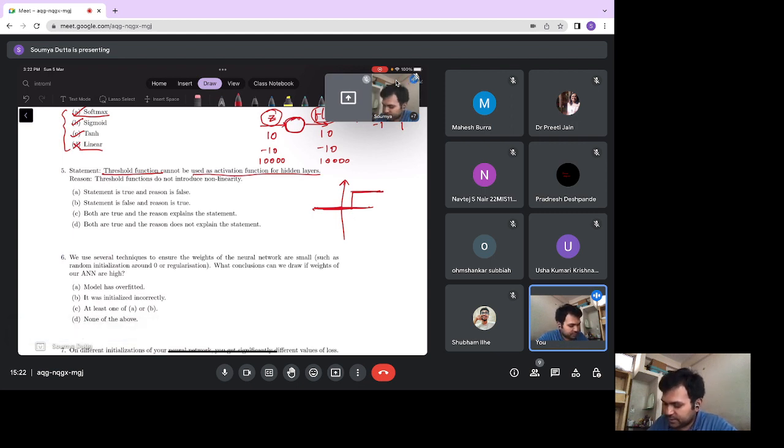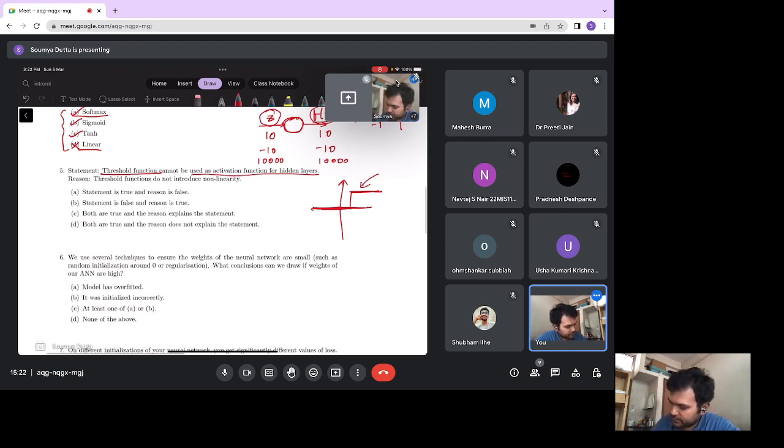So of course this is a nonlinear function, right? If it is a nonlinear function, that means the statement that threshold functions do not introduce nonlinearity is wrong. So the reason is definitely false, but the statement is true. Now there can be multiple reasons as to why this is not used.